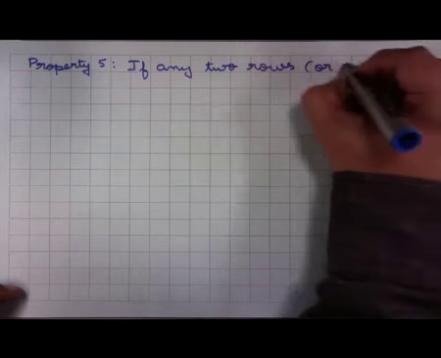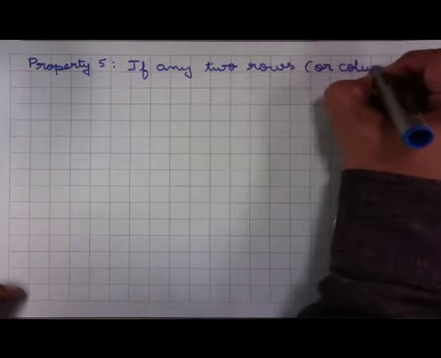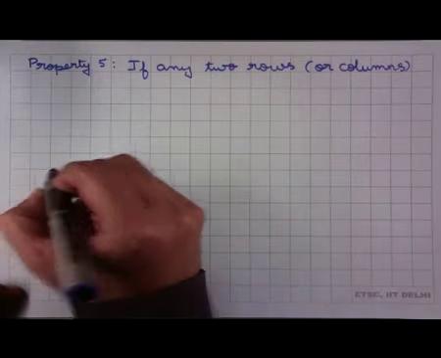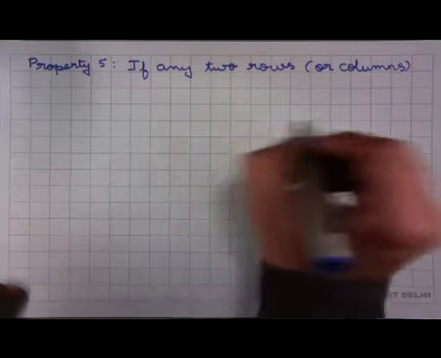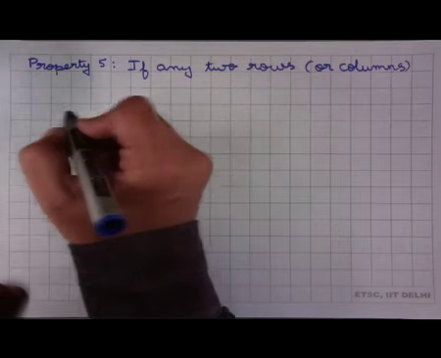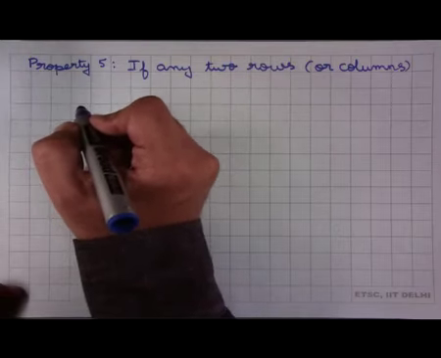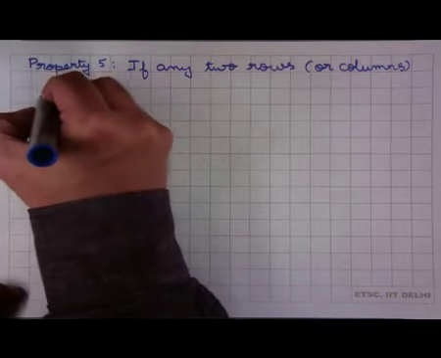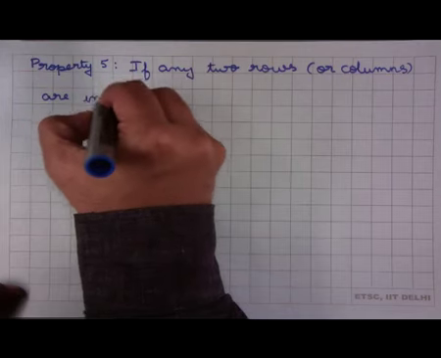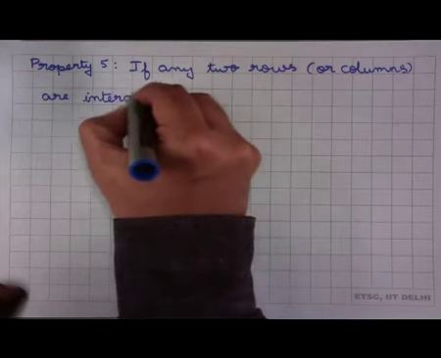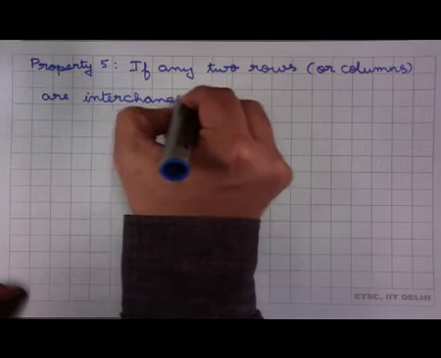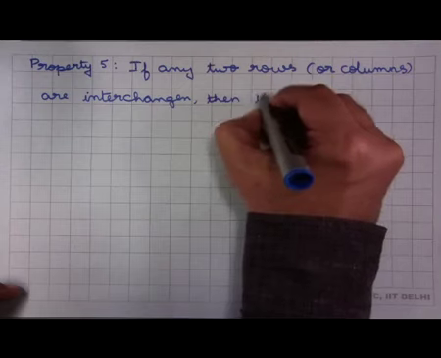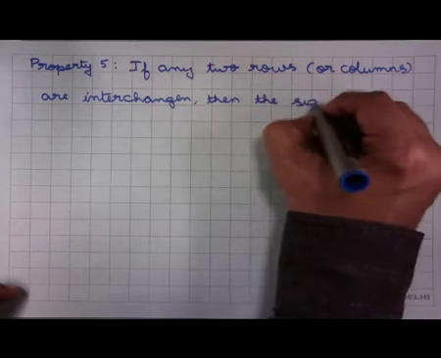Again, there is this kind of duality between rows and columns, in the sense that what we say about one applies equally well to the other, and that follows because a matrix and its transpose, where you interchange the rows and columns, have the same determinant.